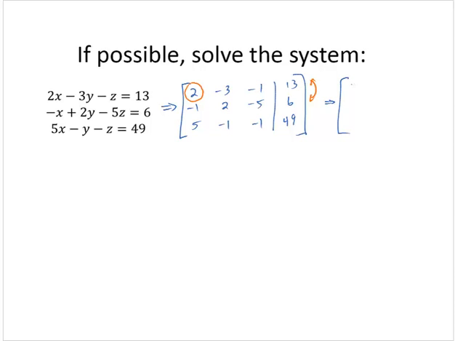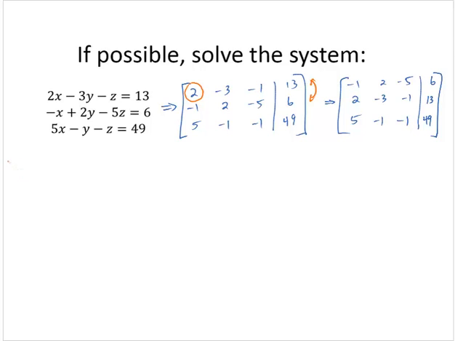giving me -1, 2, -5, 6, 2, -3, -1, 13, and 5, -1, -1, 49. Now what I can do is multiply row 1 by -1.